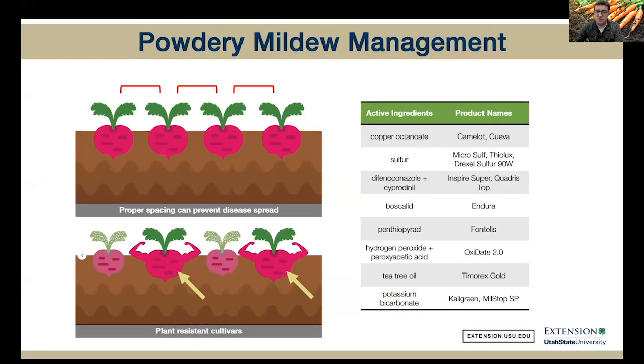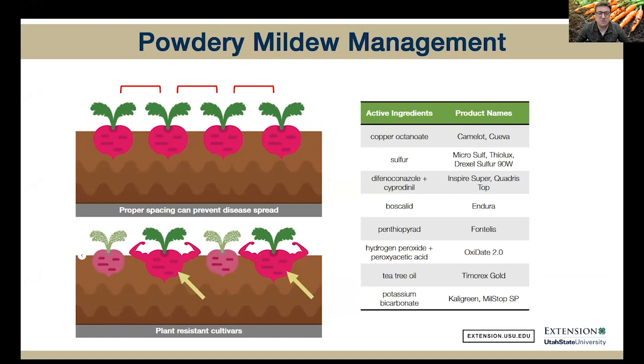So we talked about resistance, and then ventilation again. Think of this as social distancing for the plants. If you have them apart, that'll prevent the foliage from touching and prevent the fungus from spreading from plant to plant. And then I also listed some fungicide options.